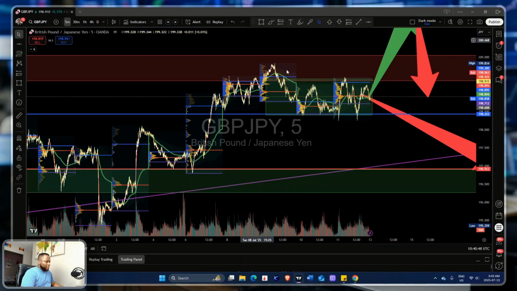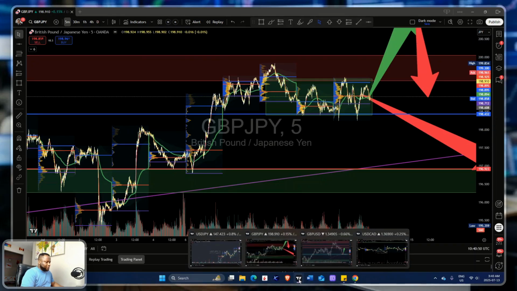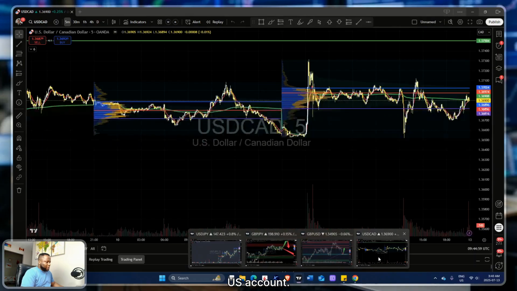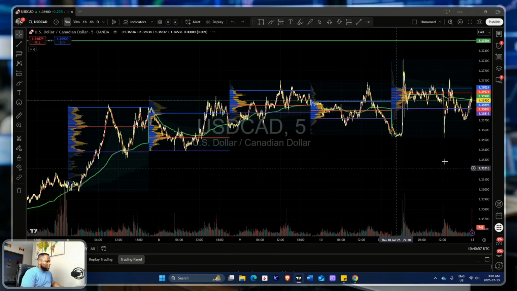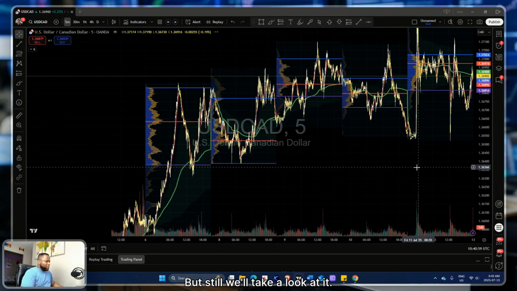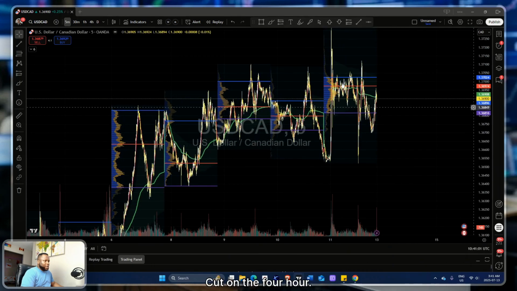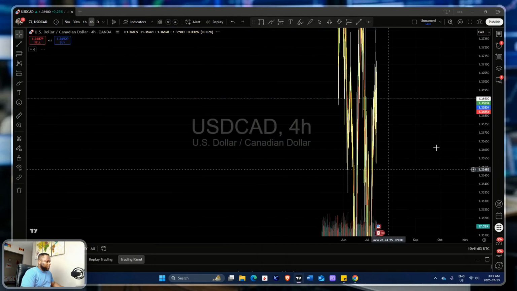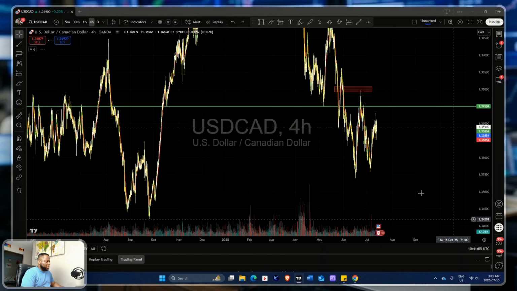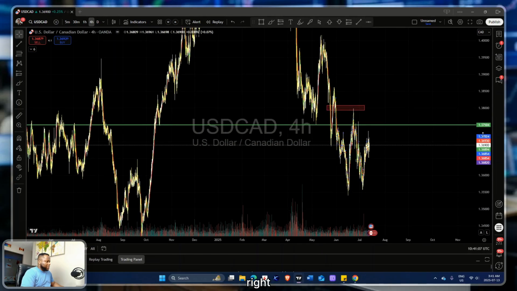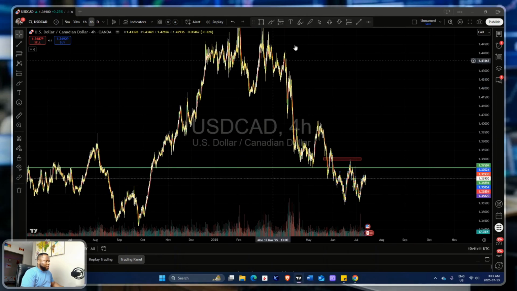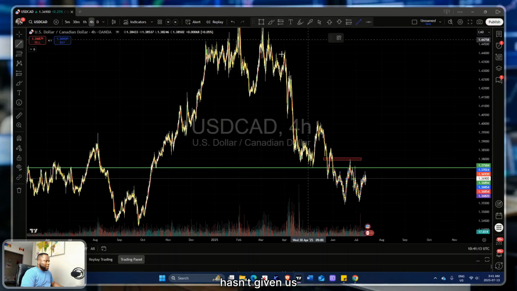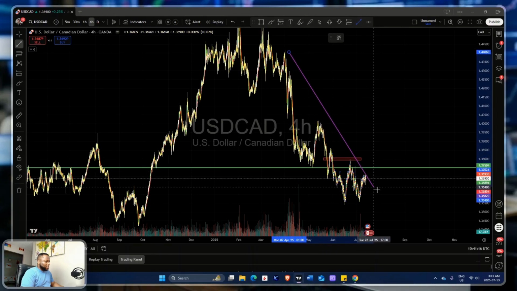All right. The next pair we have here is USD.CAD. Not really much going on with USD.CAD, to be honest, but still we'll take a look at it. USD.CAD on the 4-hour, we have it on a downtrend on the support area. So basically, USD.CAD has been giving us negative moves.